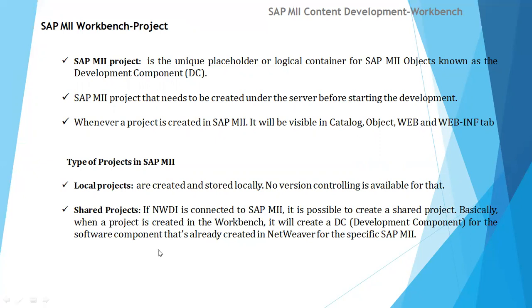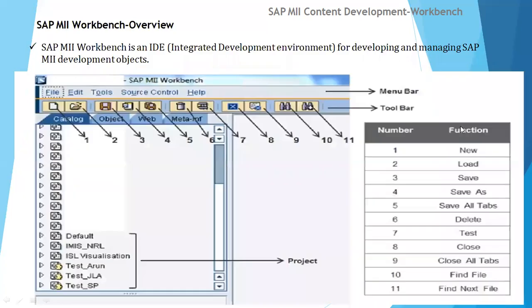Whenever you create a project, suppose I'm creating a project with the name ABC, that project ABC will be visible in the catalog, object, web, and meta-INF tabs. What I am trying to make you understand is, suppose you are creating one new project on the server, ABC will be visible in the catalog tab.